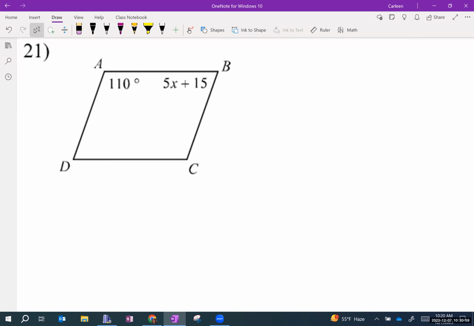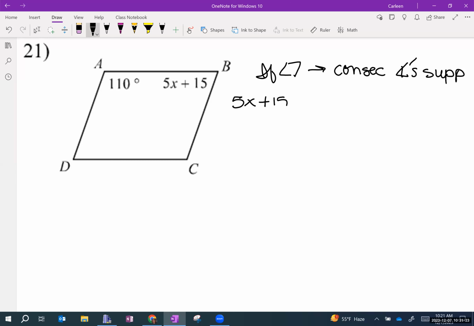Congruent or supplementary? Ding, ding, ding, supplementary. If it's a parallelogram, then consecutive angles are supplementary. So supplementary 5x plus 15 plus 110 is equal to 180.